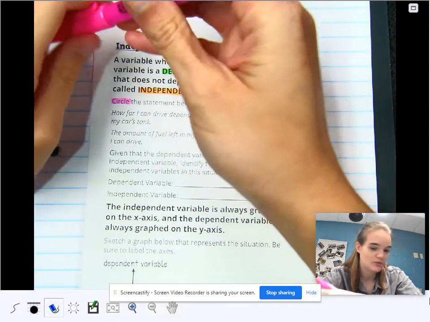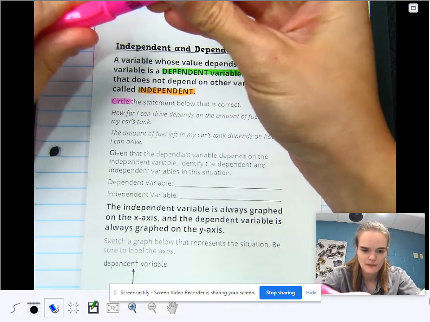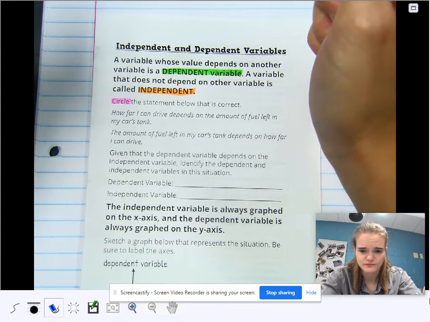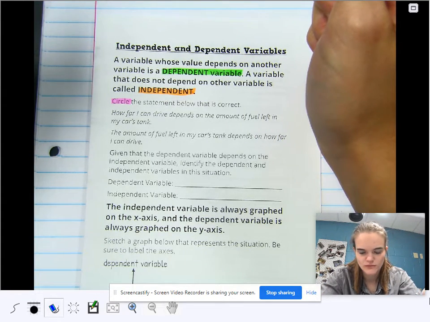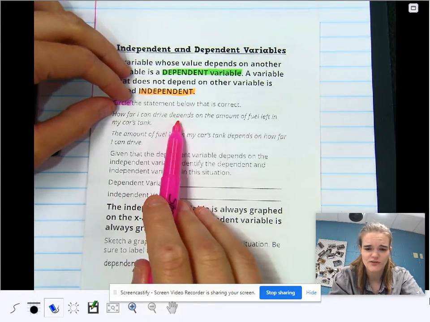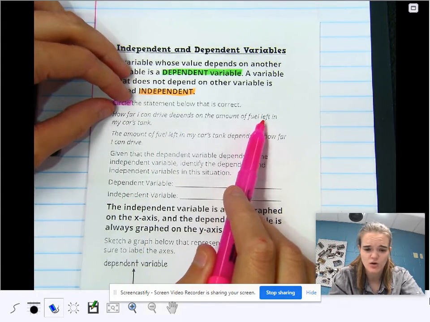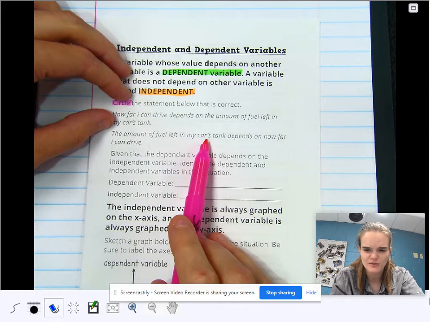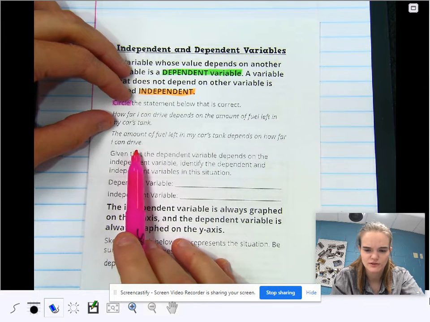We have to decide which one is correct. If you're driving, does how far you can drive depend on the amount in your tank? Or does the amount of fuel in your tank depend on how far you can drive?